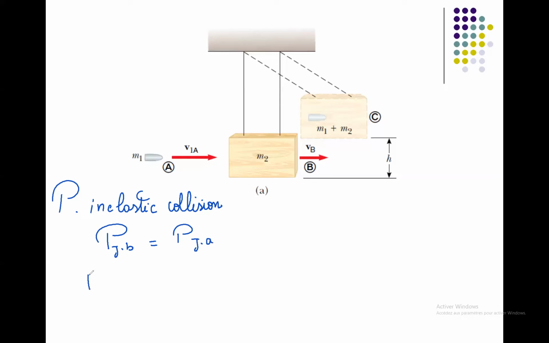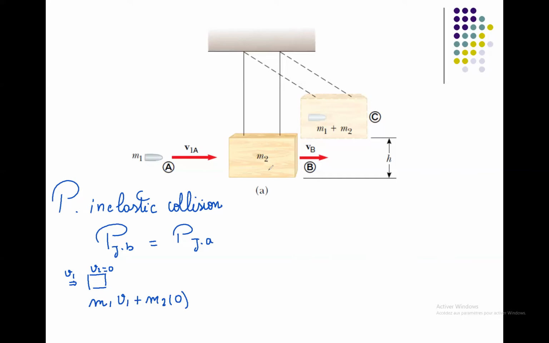Just before, we have the box and a bullet with a velocity v1, and v2 equals 0. So initially we have m1 v1 plus m2 times 0.